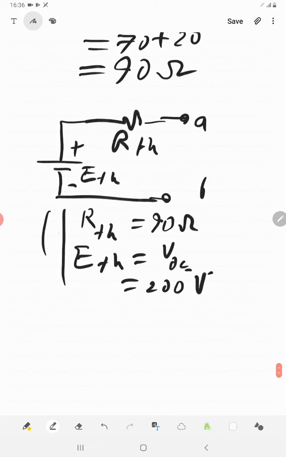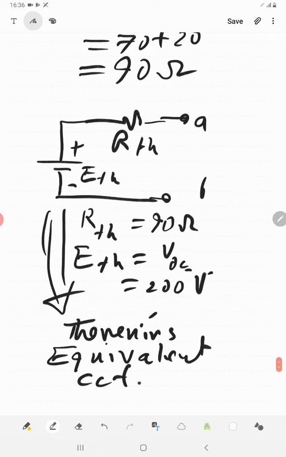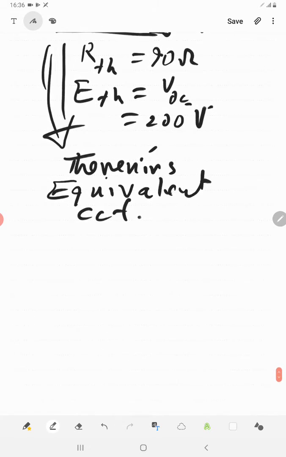And this is Thevenin's equivalent circuit. Okay? Let's take another example.